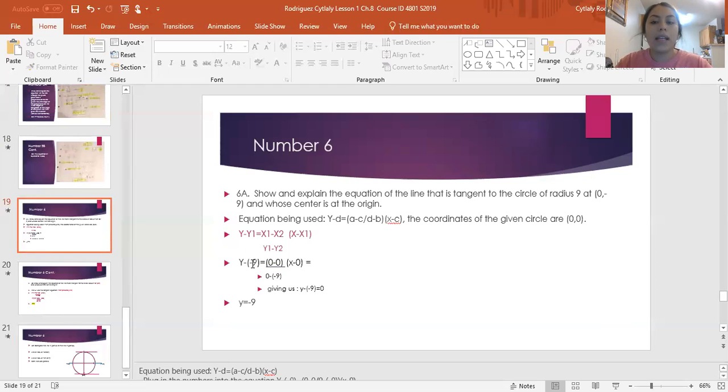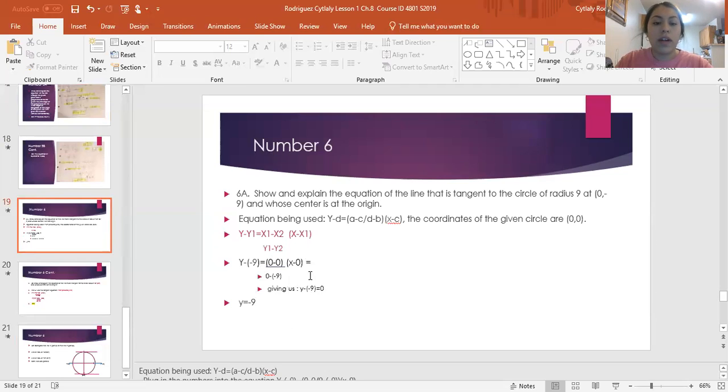So y minus y1, so this would be x1, this would be y1, so it'd be -9, parentheses, equals, we know that the origin is 0, 0, because it's given to us right here, 0 minus 0, divided by 0 minus -9 times x minus 0, which will give us y minus parentheses -9 equals 0.